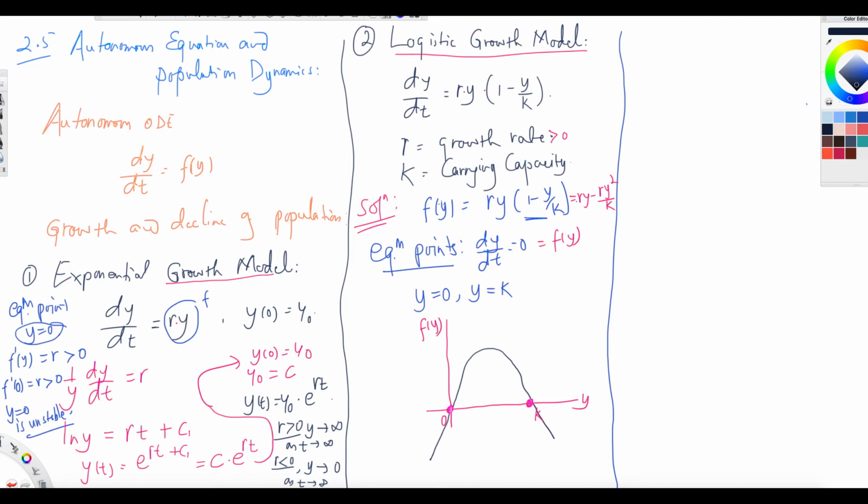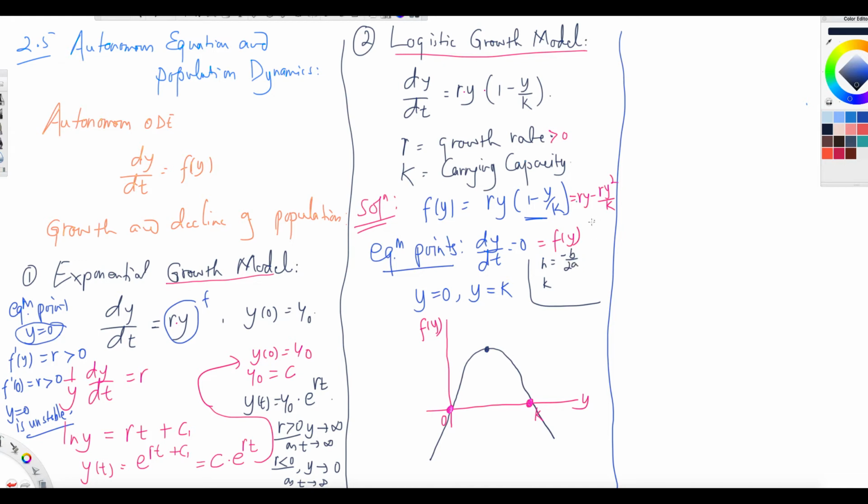Also, when you set f of y equals 0, it is like finding the y-intercept, right? We get y equals 0 and y equals k. Now, how do I find the highest point? This is a parabola. Do you remember the formula for the vertex of a parabola? We denote it by h and k. h is negative b over twice a.